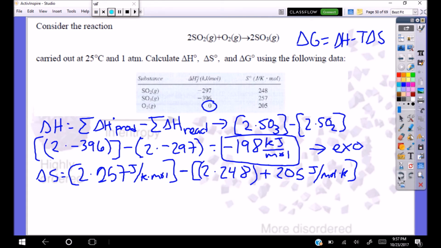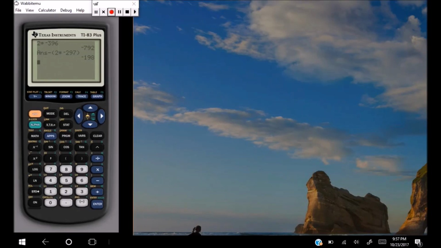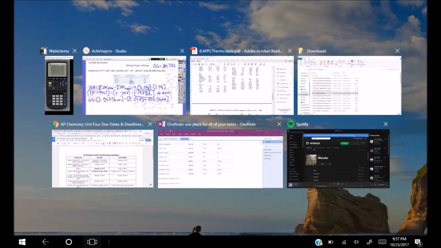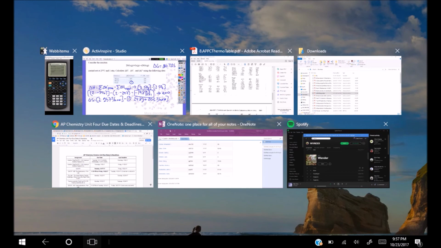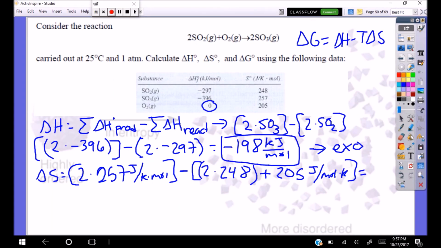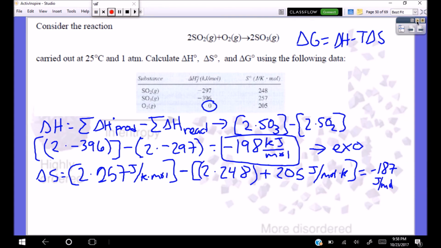Okay, so we've got 2 times 257 minus, we had 2 times 248 plus 205. We had a negative entropy here too. All right, so negative 187 is our delta S. Okay, and that's joules per mole and Kelvin.